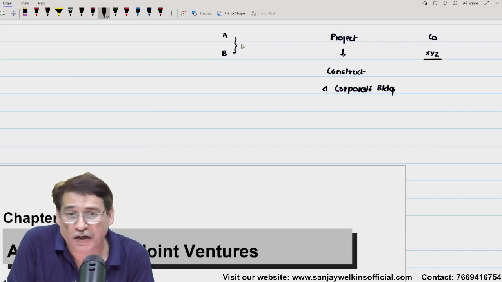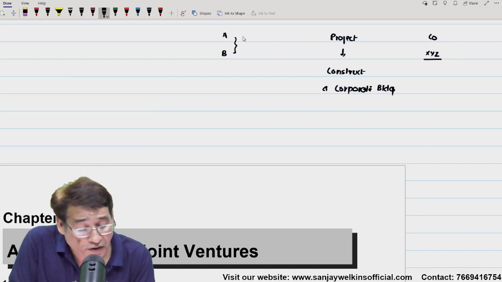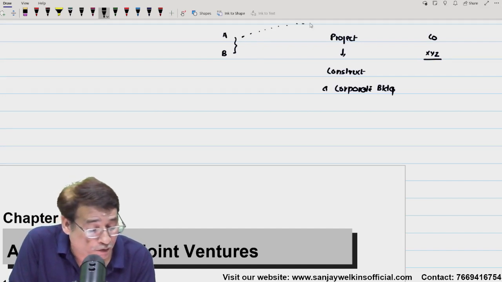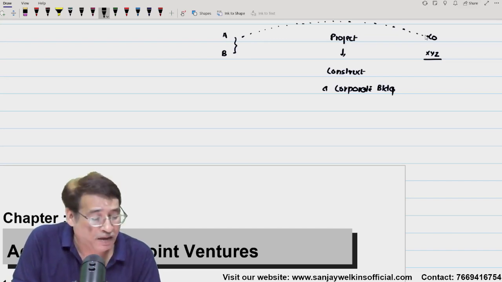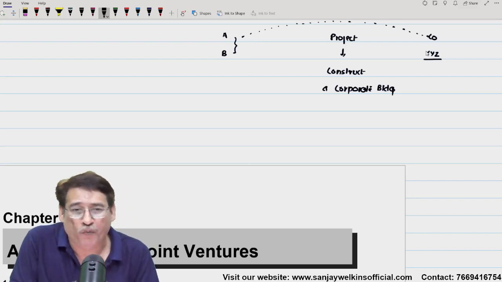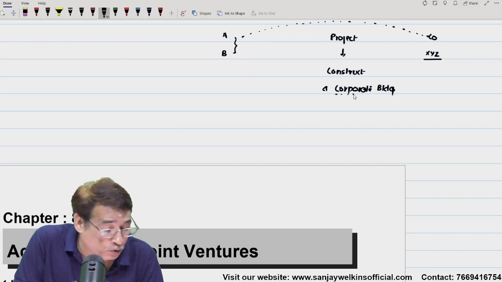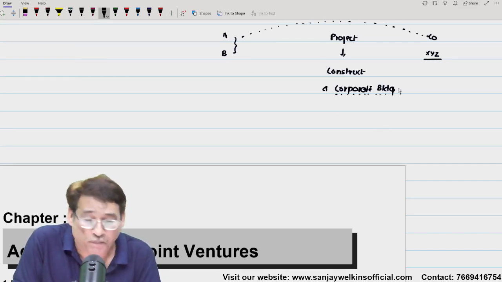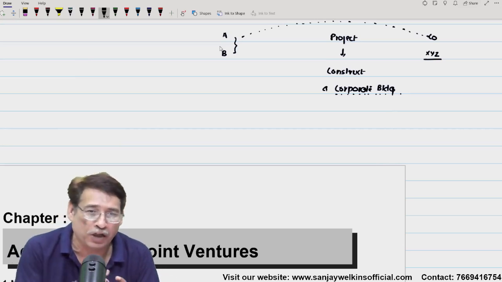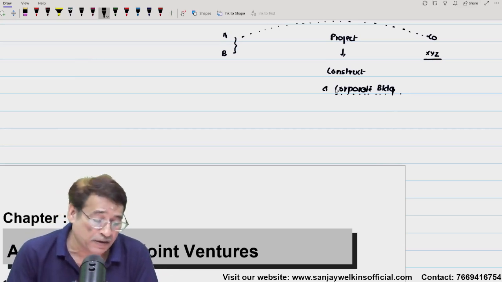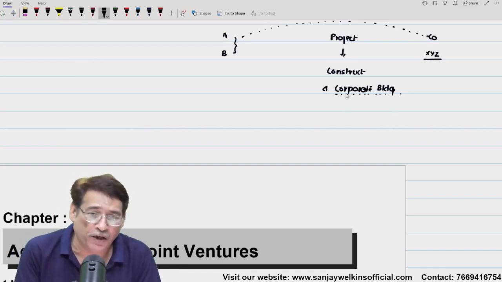So we may say that A and B have entered into a sort of contract with company XYZ. And company XYZ wants a corporate building to be constructed by A and B, who have undertaken this contract from XYZ.